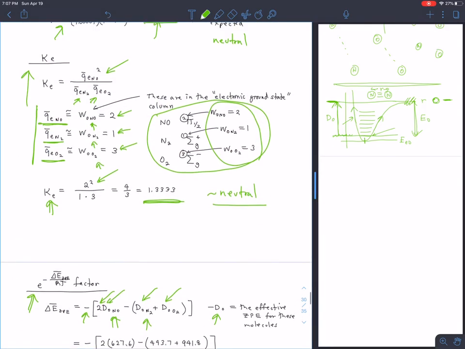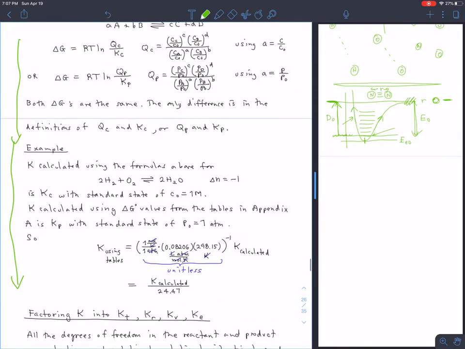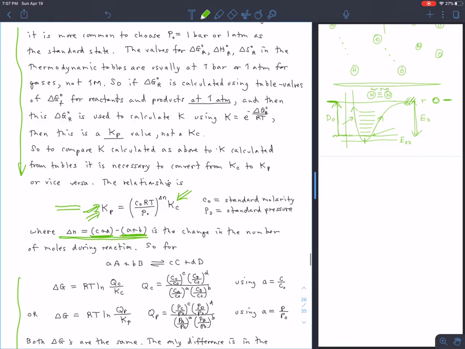Let's go back up and see that. So up here, yeah, here's our formula for converting between Kc, which is what we calculated, and Kp, which is what we get from the tables. It depends on this difference, this change in the number of moles, which is 0 in this case.